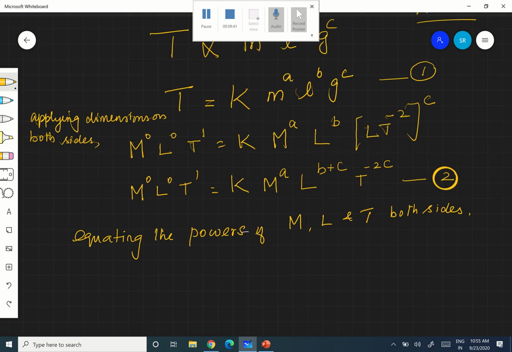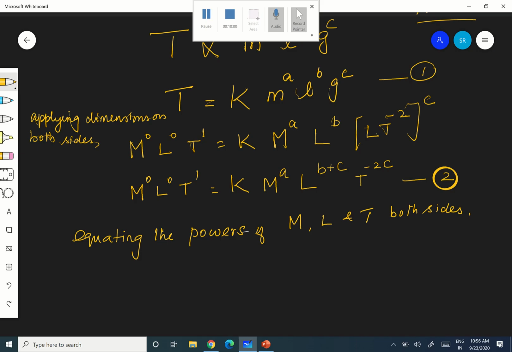Because you know that whatever the physical quantity is on the left side should be the same on the right side also. Therefore, the dimension of the left side should be equal to that of the right side.